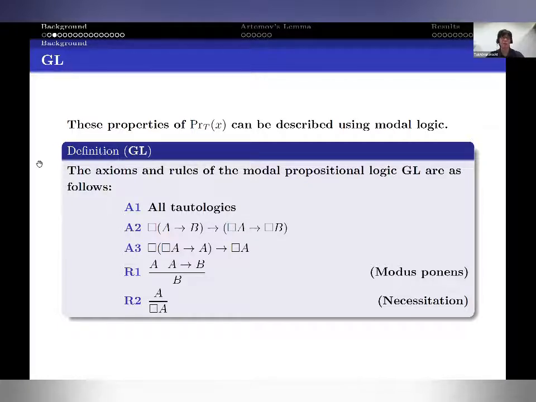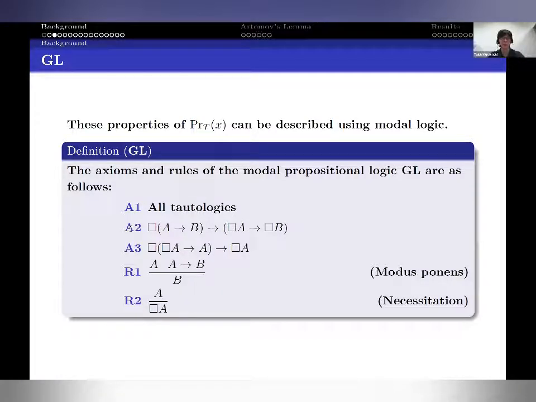The axioms and rules of the modal propositional logic GL are as follows. The axioms of GL are A1, A2, and A3. A1 is tautology.